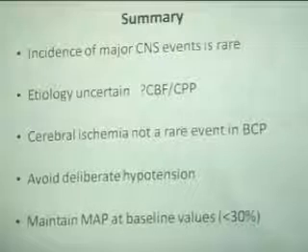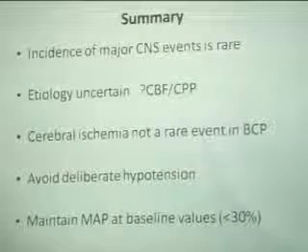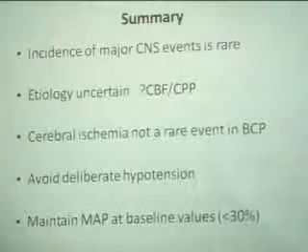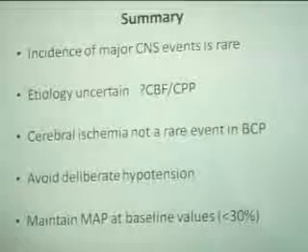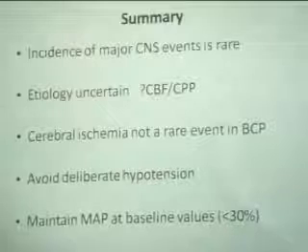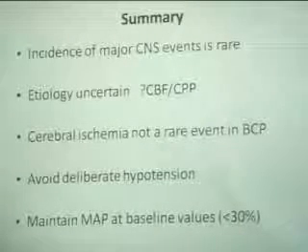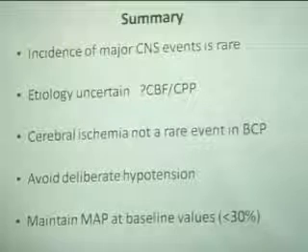In summary, the incidence of major CNS events is rare when patients undergo shoulder surgery with a brachial plexus block with general anesthesia. The etiology is still unclear, but the accepted theory relates to cerebral perfusion pressure.